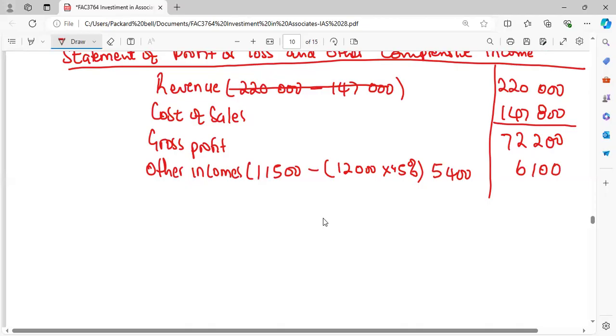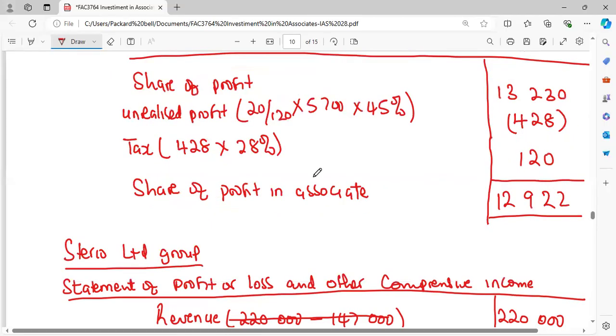It's going to increase. Then you go to your calculation and take now your share of profit in associate, which is your calculation 3. I think we did this one in our calculation 3, which is 12,922.